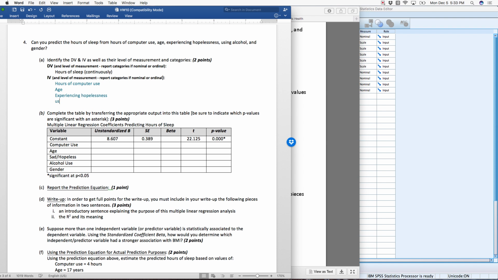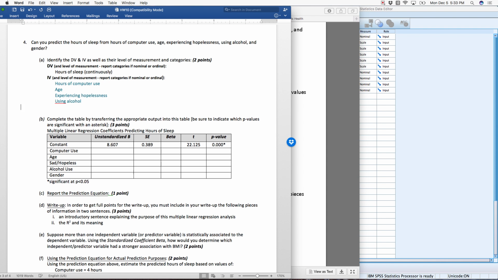Yep. Using alcohol. And gender. So you'll notice this one has both continuous and categorically measured variables. Another reason why we're going to do it together.